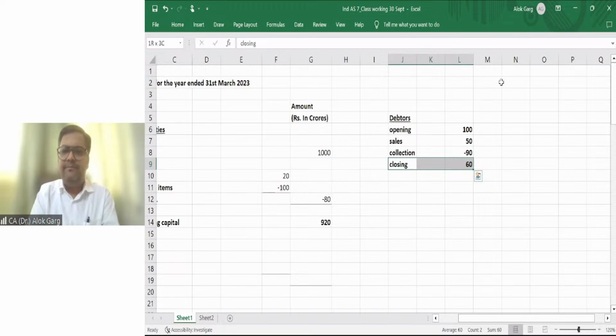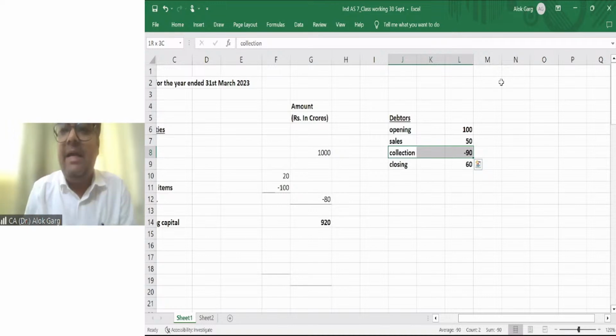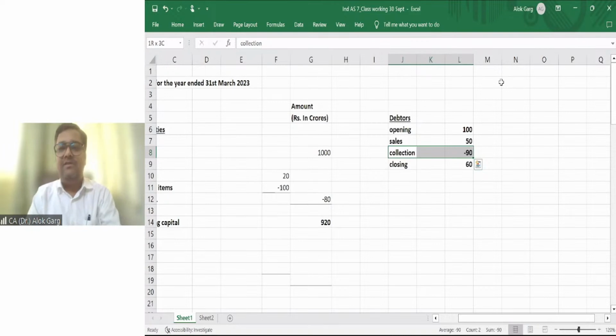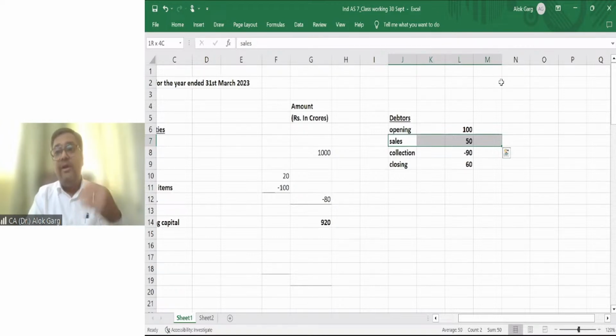As simple as that. So friends, if my closing balance of debtor is less than the opening balance of debtor, it means the entire sales during the year has been collected, and over and above this, 40 crore has also been collected. So 40 crore has been collected from the opening balance, and the entire 50 crore has been collected.